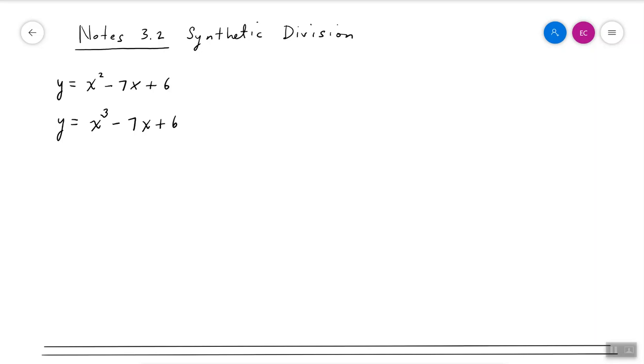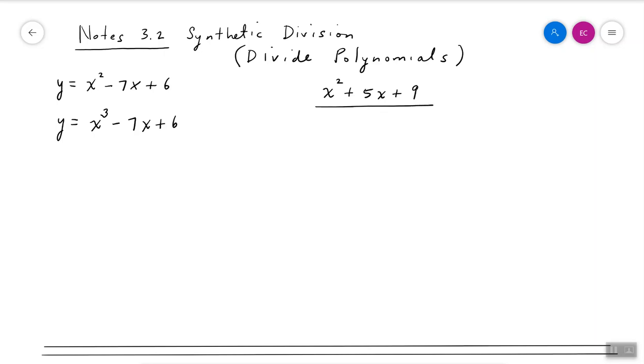Synthetic division is used to divide polynomials. For example, in just a few minutes, our first problem will be to divide x squared plus 5x plus 9 divided by x plus 3.